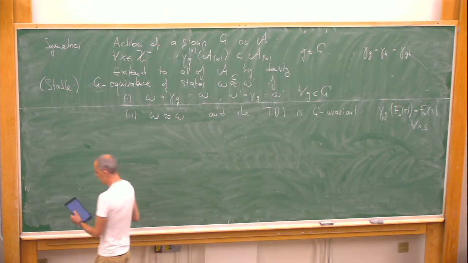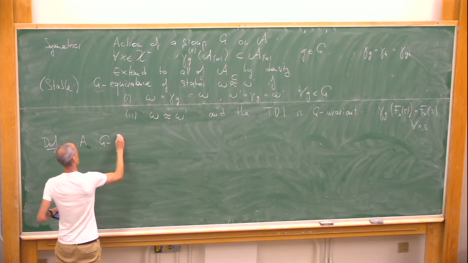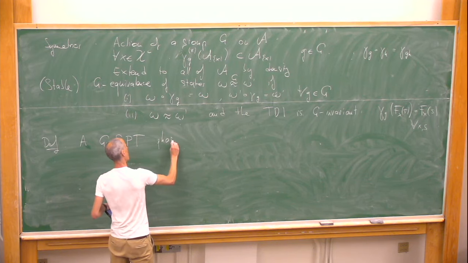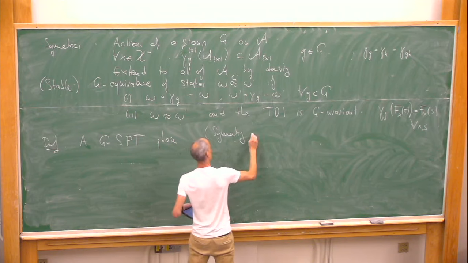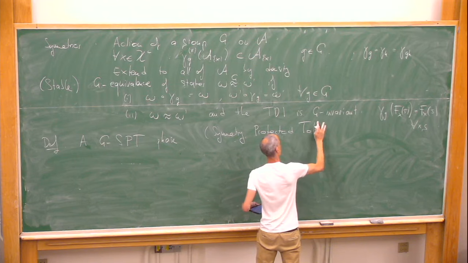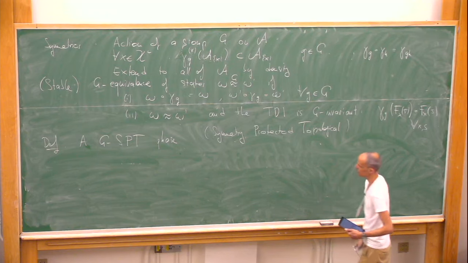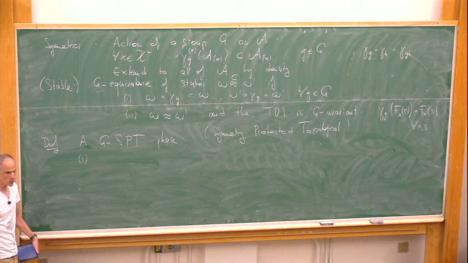Now, a definition: a G-SPT phase, for symmetry protected topological phase, topological order, is what? Well, first of all, these are trivial if you do not insist on the symmetry.